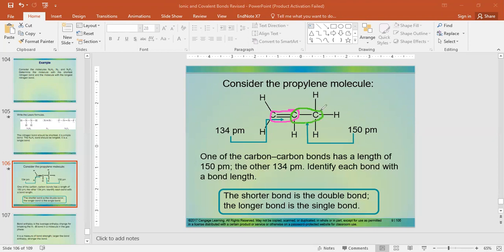So if we were to compare these bond lengths, we would realize that this one is shorter. This one is shorter. This one is long.